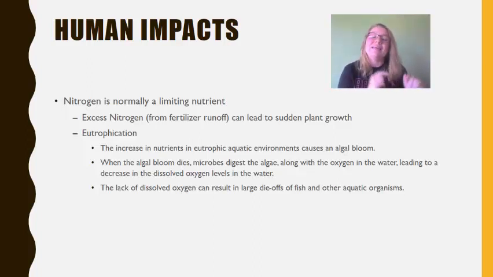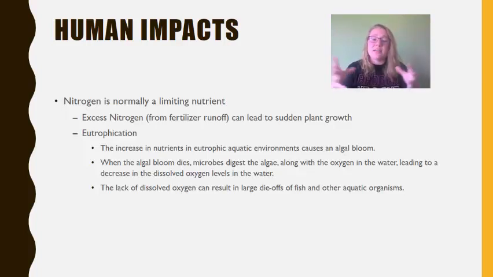Back in the aquatic biome video, we talked a little bit about eutrophic lakes. Eutrophication is the process that leads to this body of water that has a huge amount of plant life in it. But eutrophication can also be a bad thing.